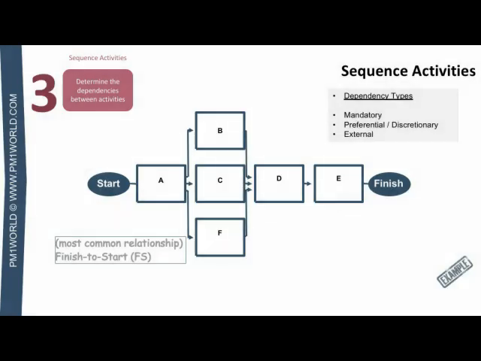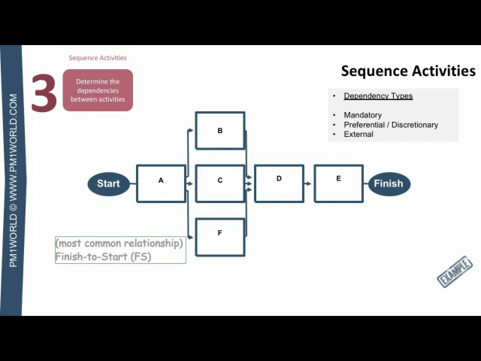Sequencing activities is about documenting the relationships between activities so that you have a network diagram, which is a logical sequence of the work. This precedence diagramming method, as it's called, can include different types of dependencies. You can have mandatory dependencies that are legally or contractually required. That could also be related to physical limitations of the work.